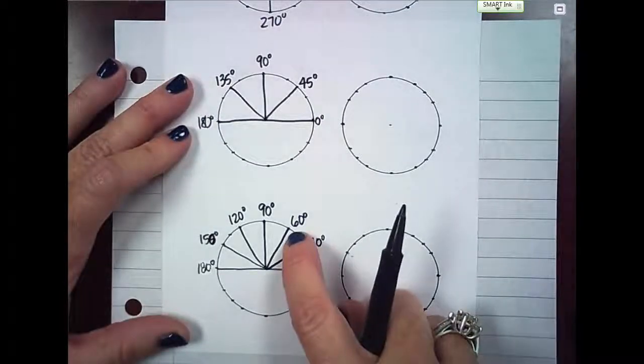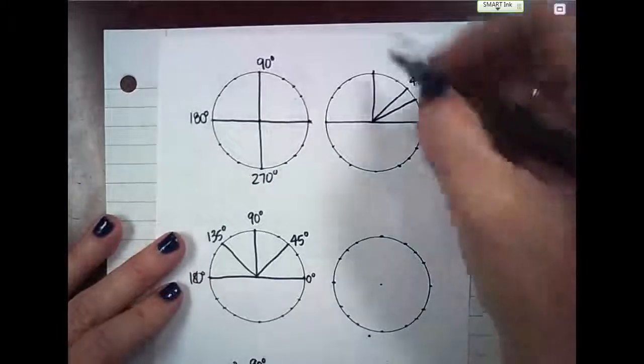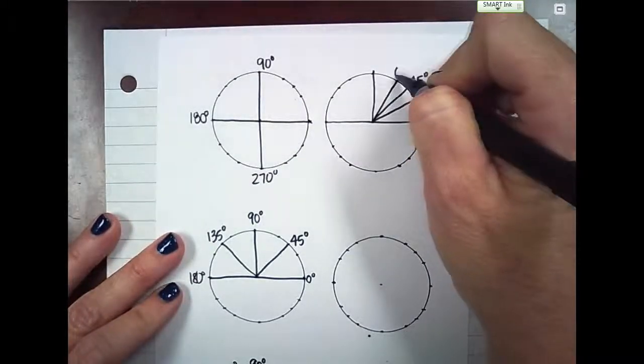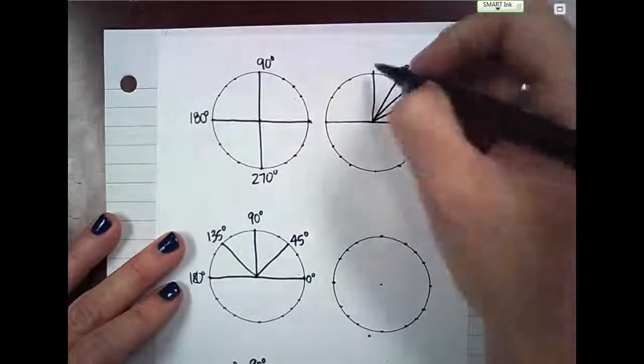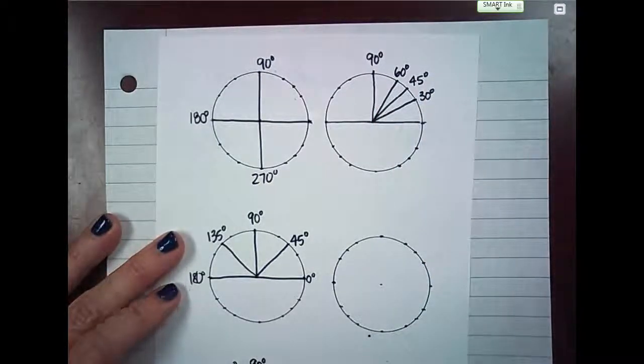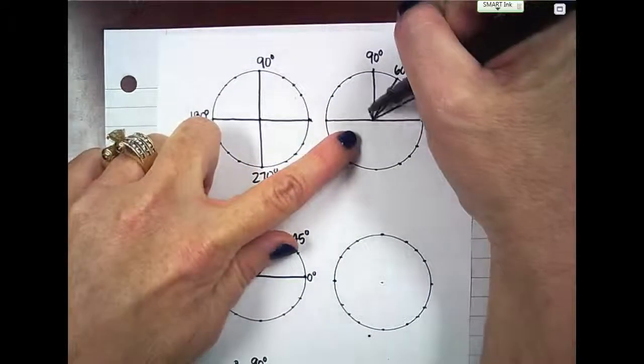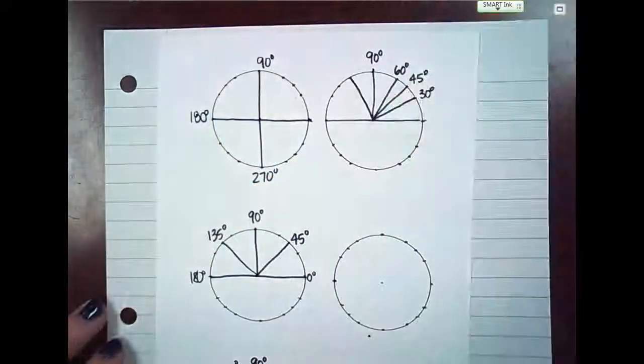What was the third dot? A 60. Are y'all seeing that? And then obviously the top is a 90. That's the pattern, exactly right. Okay, now keep going because I want you to do the top. Here, we labeled it already.